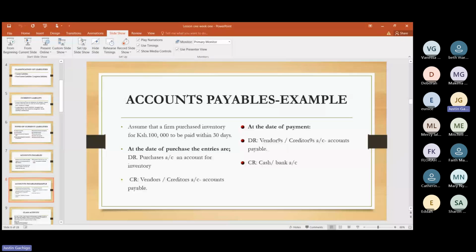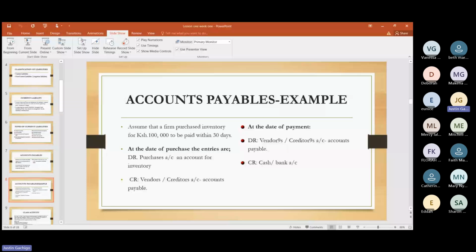On the other end, when you make the payment, you are required to reduce the liability. So a decrease in liability, you debit, and again there will be money that will be paid, so a decrease in asset, you credit.